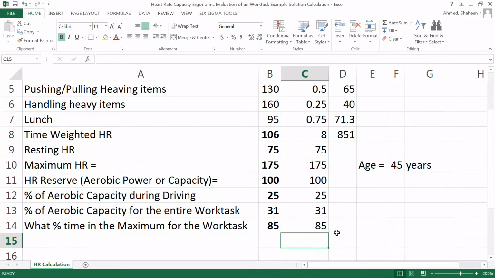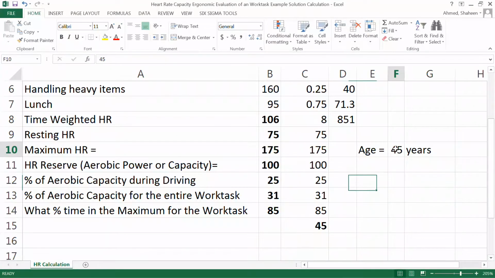So I'm going to write 45 here. This is for the 45 years old. Now I'm going to change this to 25, and then this is calculated for 25. You can see that the 25 year old only spends 26% of his or her max capacity, while the 45 year old uses 31% of theirs.